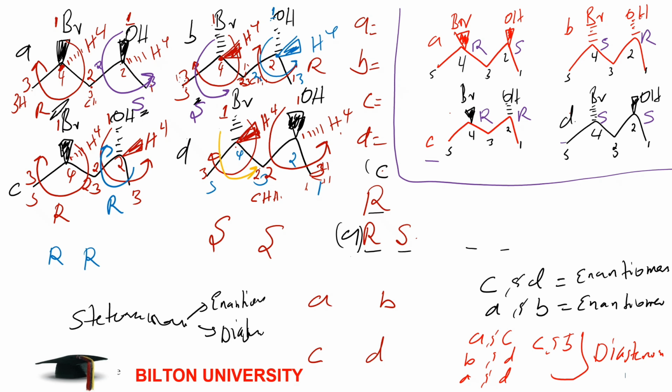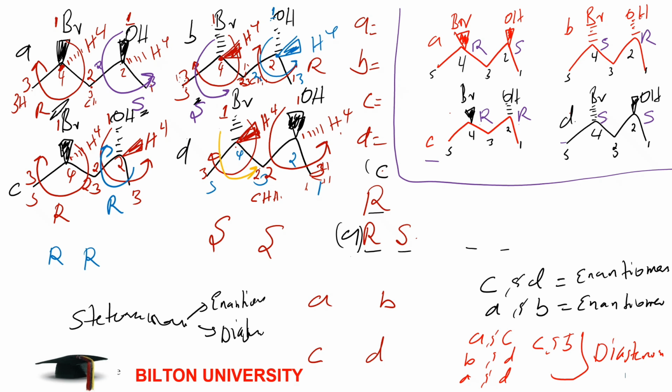The chiral carbon is changing from R to S, and in carbon number 2 in the same C, it changes from R to S. When two chiral carbons change completely their configuration, then it becomes enantiomers. Just like in A and B. If you look at A and B, carbon number 4 changes from R in A to S in B, and carbon number 2 changes from S in A to R in B.